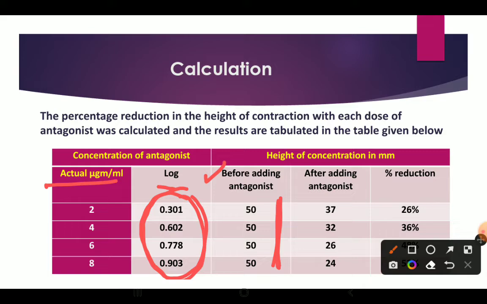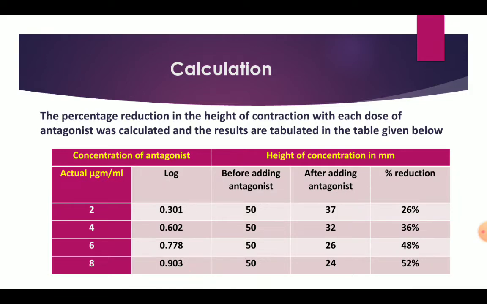And then after adding antagonist, you are getting these values. Okay, then percentage reduction, so 50 minus 37 equals what? That goes into percentage. Okay, so you have to memorize a few points from here.